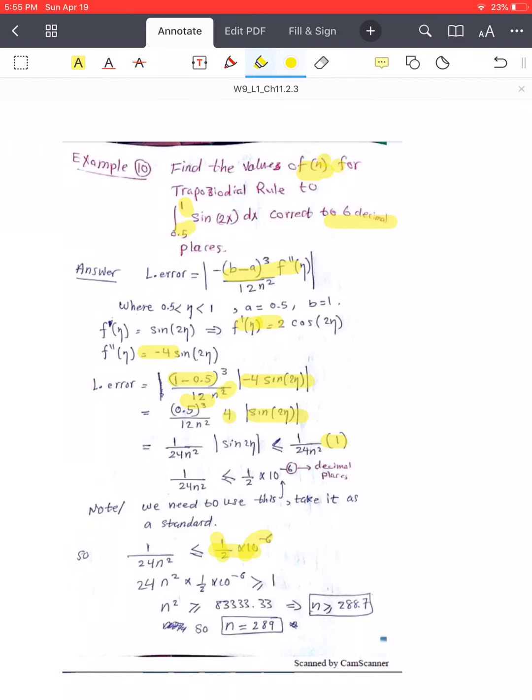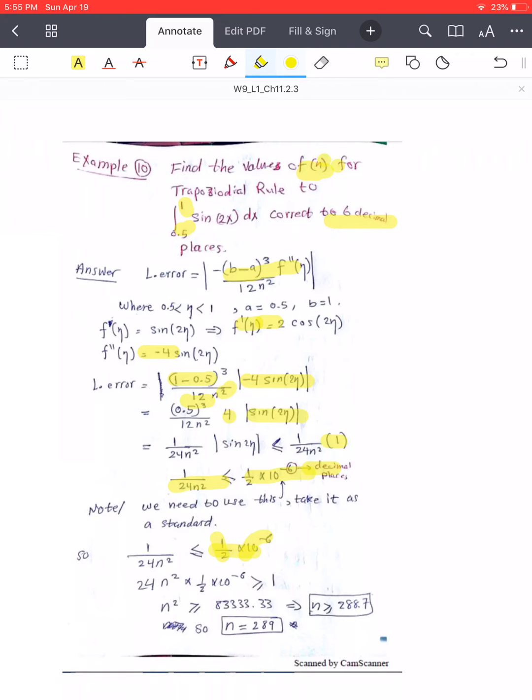So we put it here. We would like all of this to be smaller than this. Why 6? Because the question said 6 decimal places. And now we have this inequality which contains the unknown n. We just have to solve it. It is not difficult to solve.